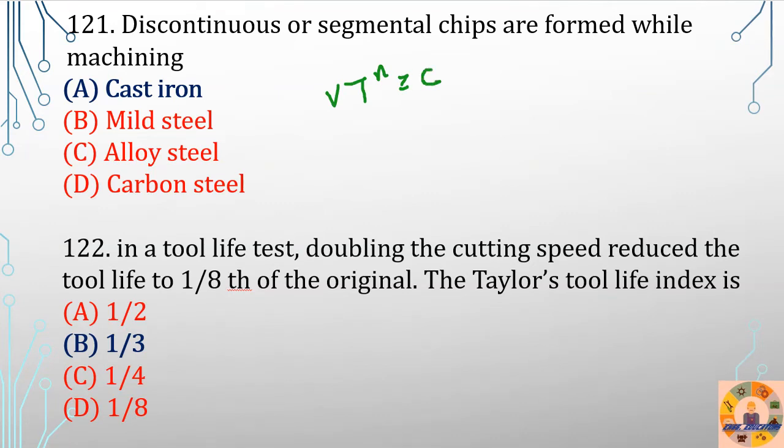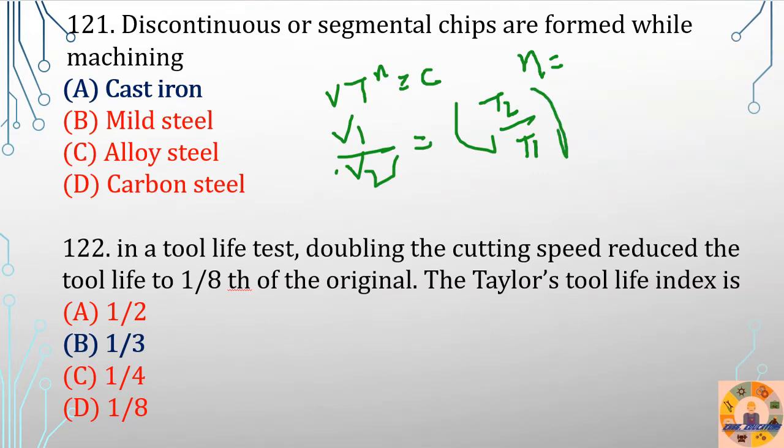So n we need to find. V1 by V2 equal to T2 by T1 to the power n.